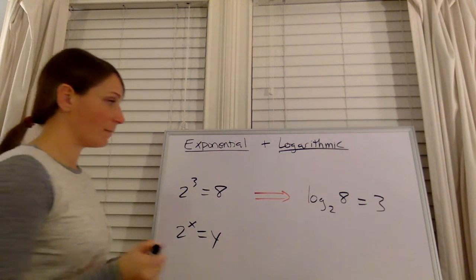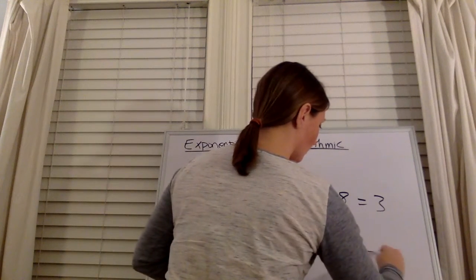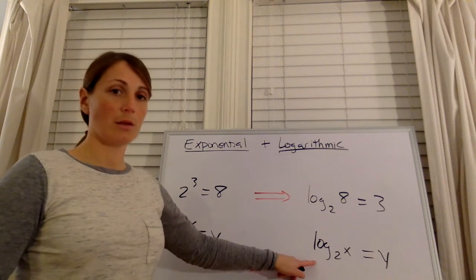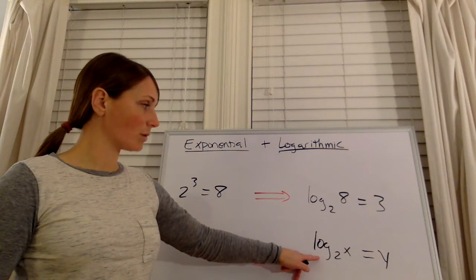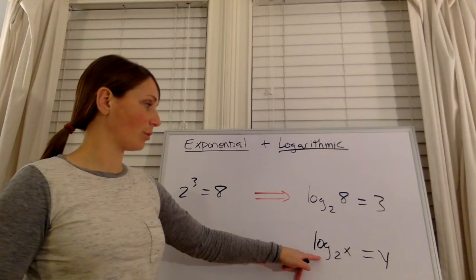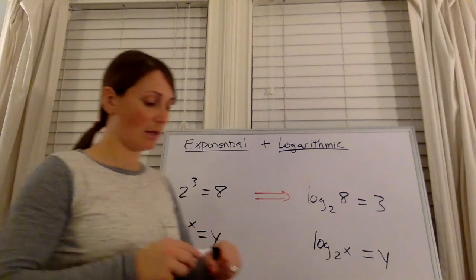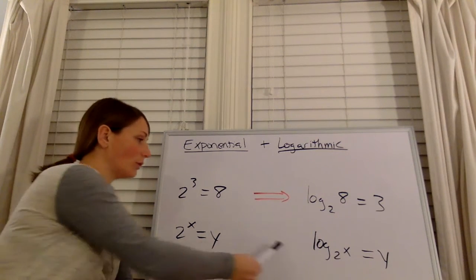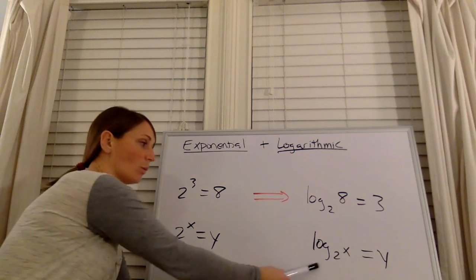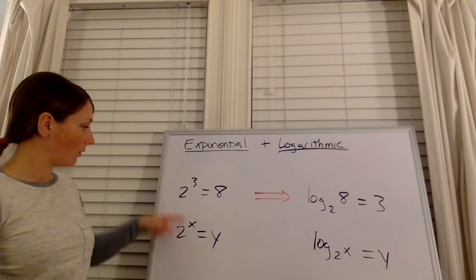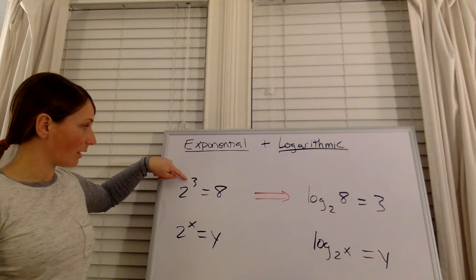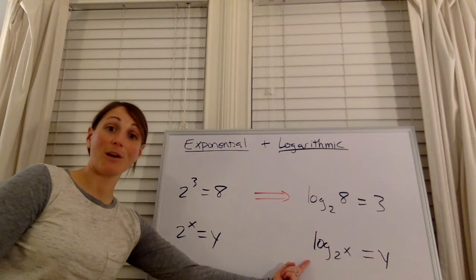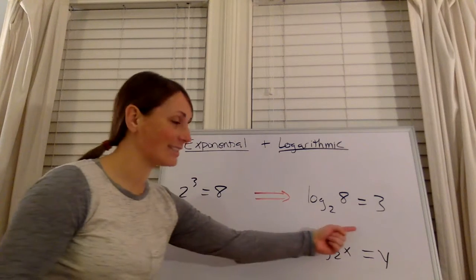Which is to say that on this function, y equals log base 2 of x, there is a point 8, 3. So think about that for a second. We've got two functions, one exponential, one logarithmic. We have one point on the exponential function, 3, 8, and the point on the log function is 8, 3.